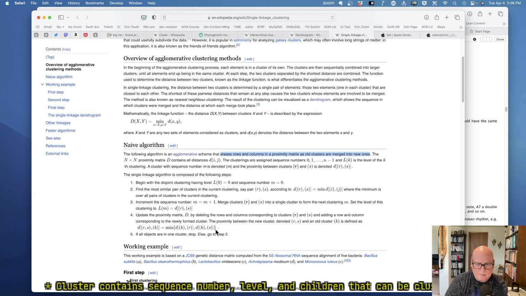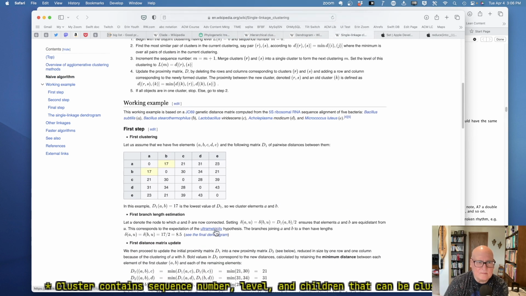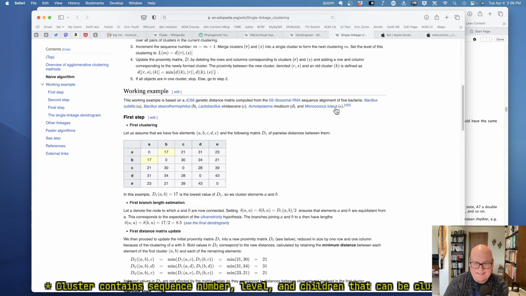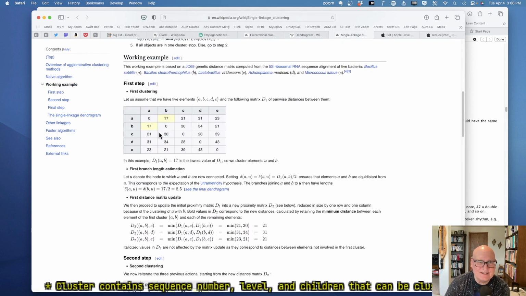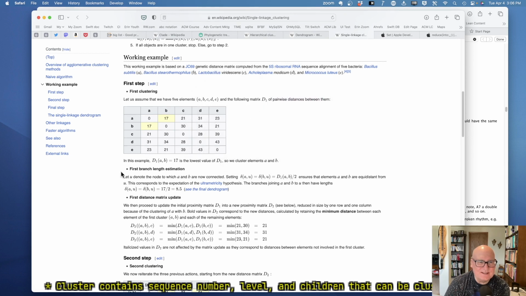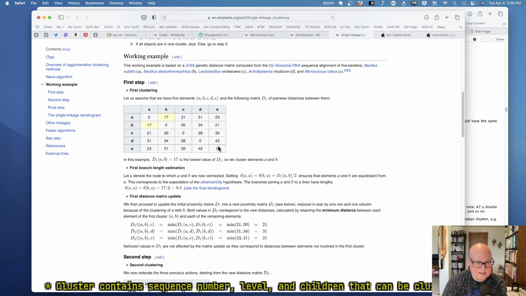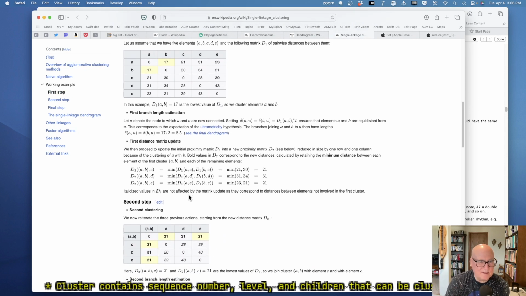I just increment them. I love the example. Let's just take 5 random bacteria. Okay. Lactobacillus, we can make yogurt, right? Okay, we have 5 elements with the distances, pairwise. Okay. No connected. Well, that's not helping me, really.